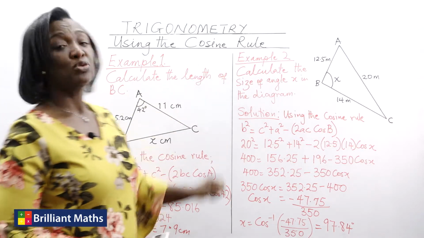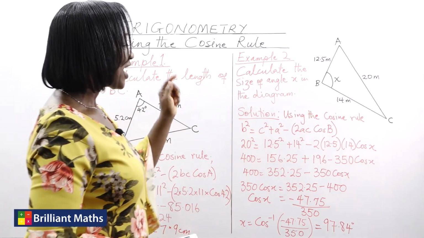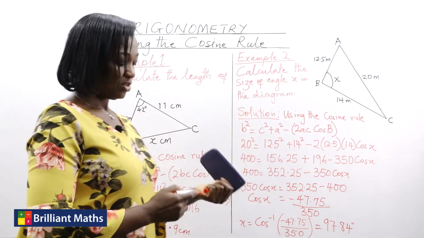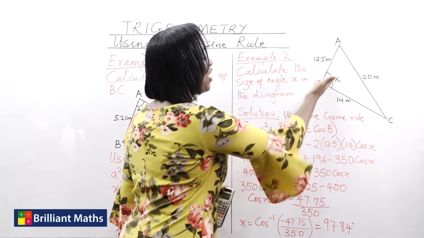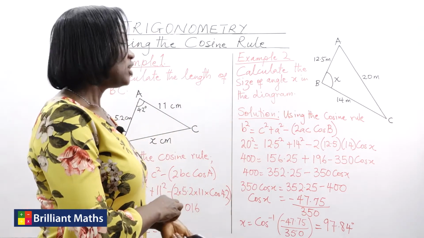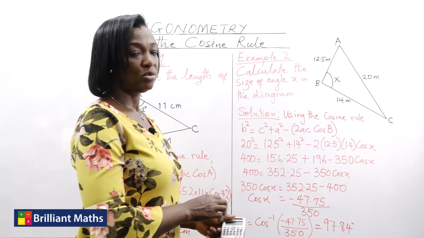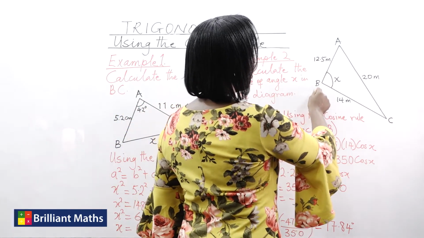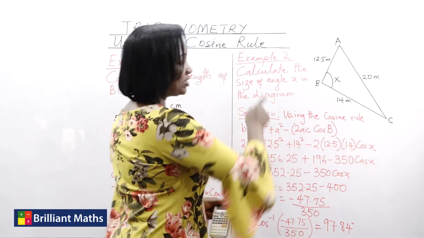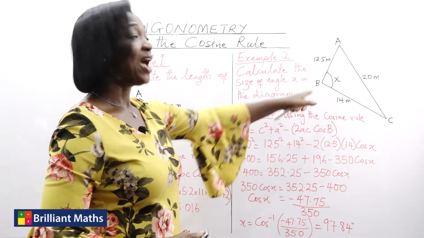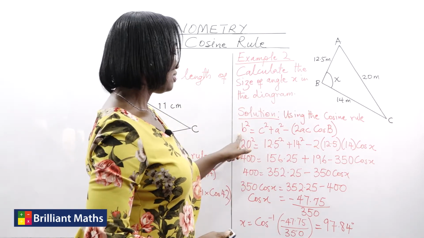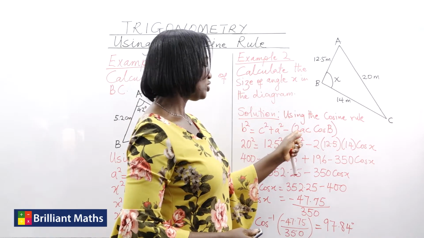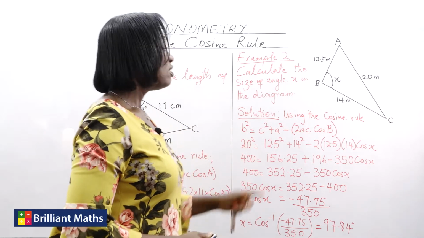Then in example 2, we are supposed to calculate the size of angle x. So in this example, we are finding the measure of an angle using the cosine rule. Small letter b will be 20 because that's opposite the angle b. So b squared is equal to c squared plus a squared minus 2ac cos b.